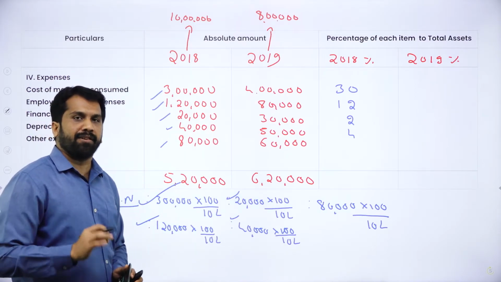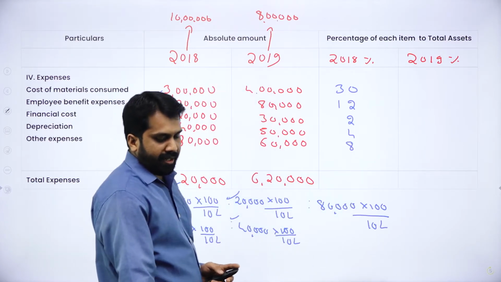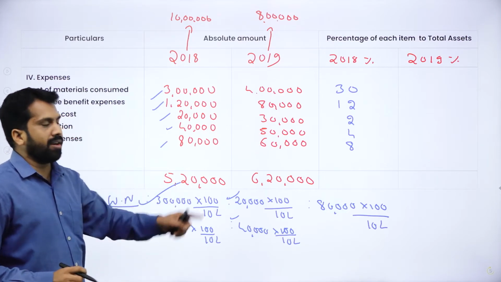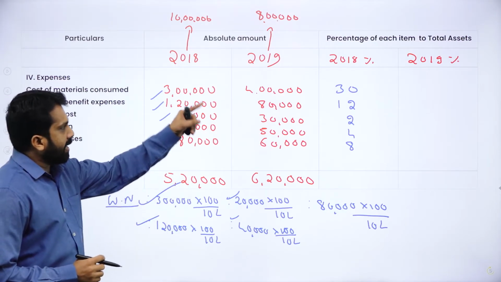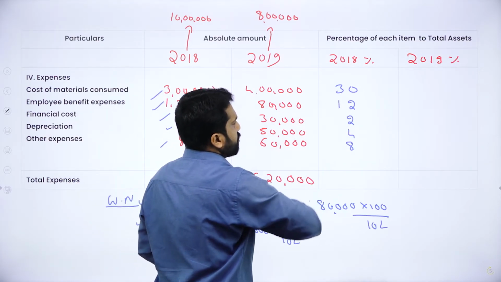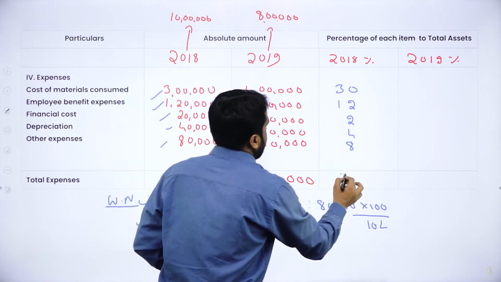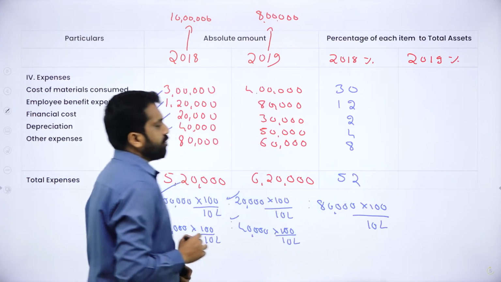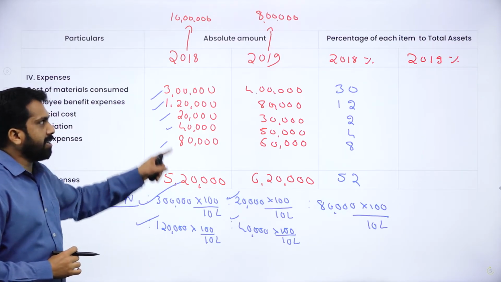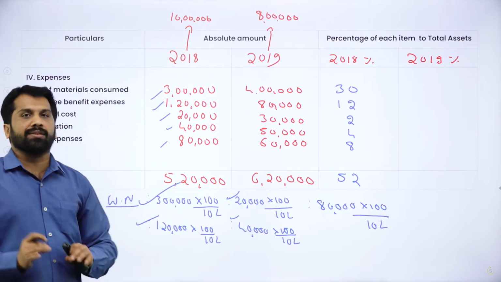If you calculate for 80,000, you will get 8%. Like this, you have to calculate. Hope you understood. Now, add everything. 30 plus 12, 42. Plus 2, 44, plus 4, 48, and your total percentage is 52%.